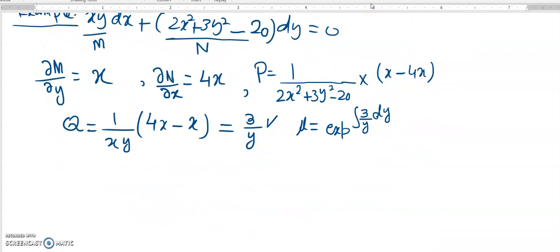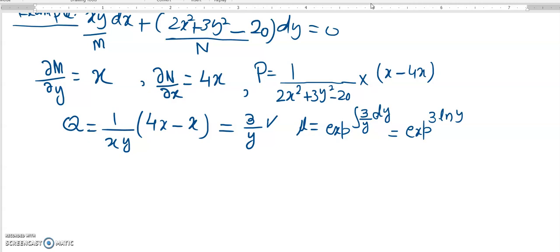So this integrating factor can be found from here. The exponent of the integral of 3 over y is 3 log of y. There is no need to add the constant of integration in this case, because we are using it as an integrating factor, not for the final answer.